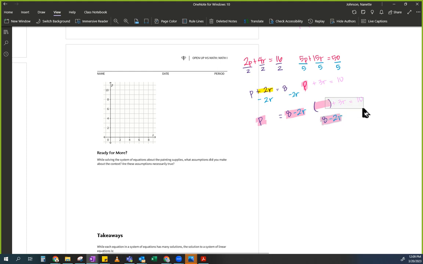Let's scoot you over a little. Ooh, that's not good. Sorry, I really want you guys to see substitution for what it is, but it's not working.